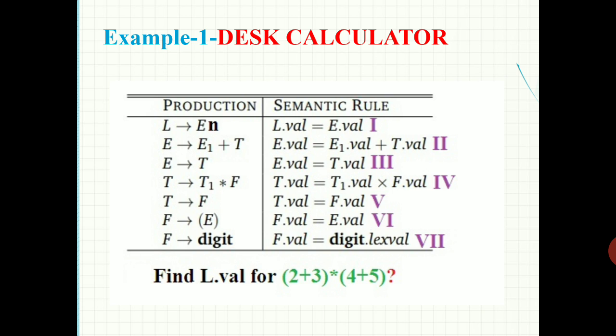It is used to evaluate expressions in mathematics. To perform this evaluation, we are associating numbers to the semantic rules. You can see that the semantic rules are numbered from 1 to 7.